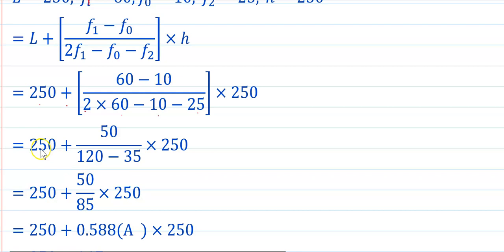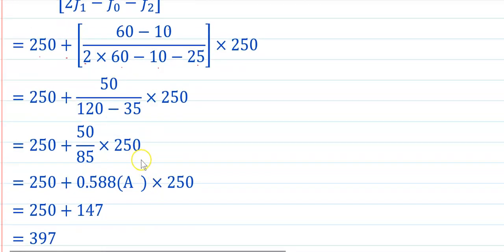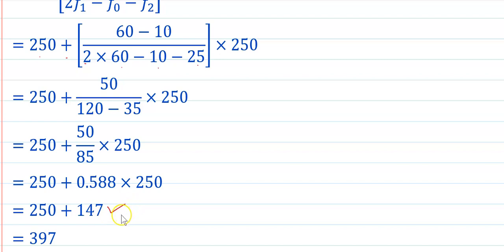Okay, 250 plus 60 minus 10, you will get 50. 2 into 60 is 120, minus 10 minus 25, that is 85, into 250. 50 upon 85 into 250. After simplification, 50 upon 85 you will get 0.588, into 250, then you will get 147.